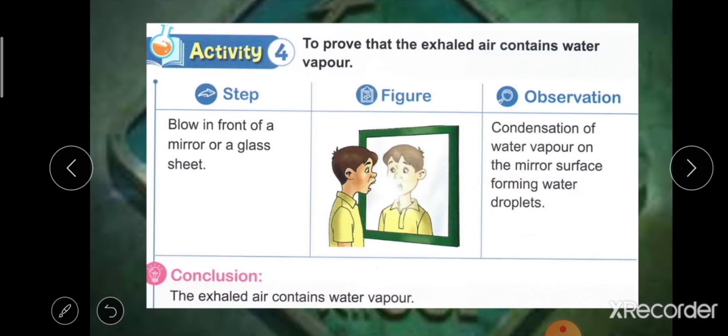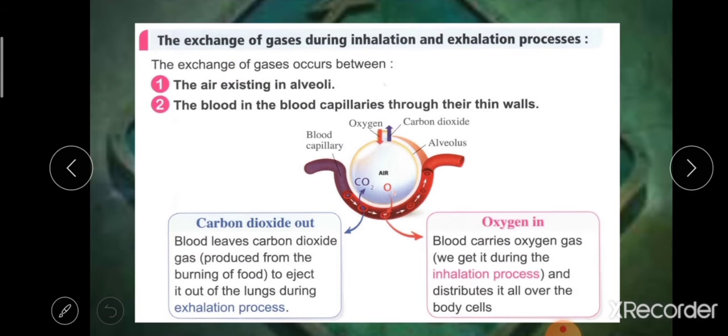Okay? Let's identify the exchange of gases during the inhalation and exhalation process. We said that the inhaled air contains oxygen and the exhaled air contains carbon dioxide gas. First, we breathe in air containing oxygen gas.